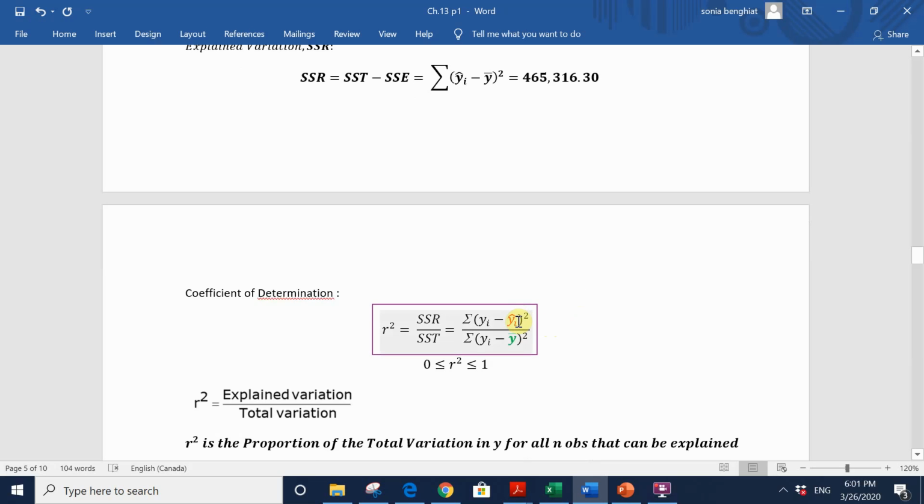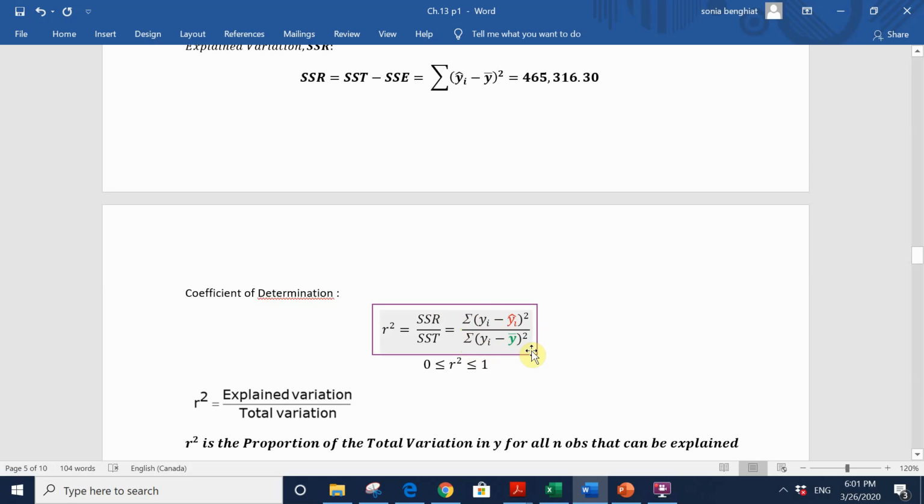So each time I get a new x value, I plug it into my estimated line of means equation, and I get a different yi hat, right? And so I take the deviation of each observed yi minus the estimated yi hats, and I square these deviations, and I sum it across all my n or 10 observations, in this case in my sample.